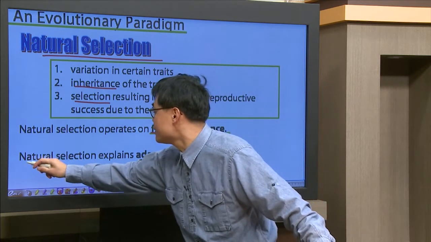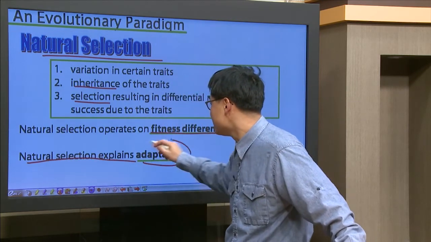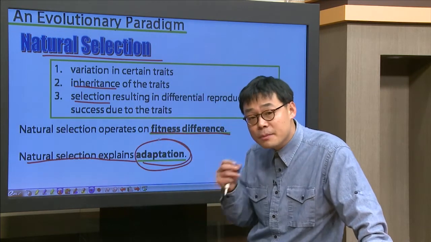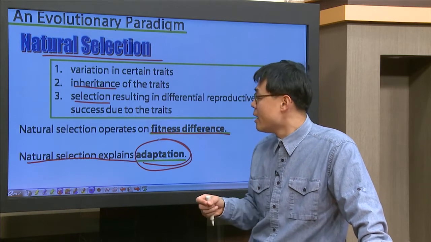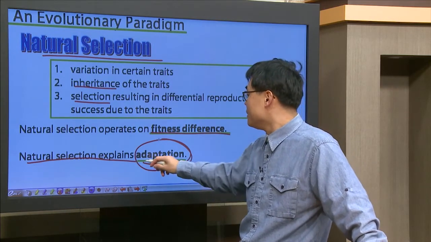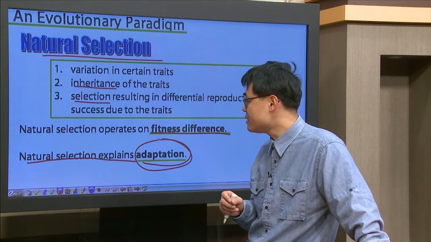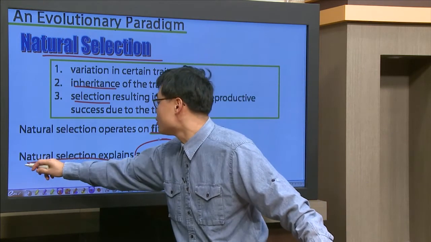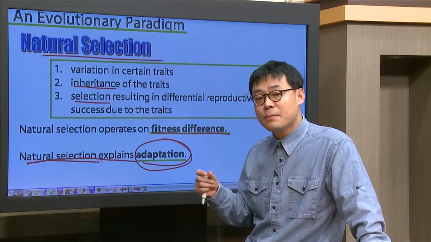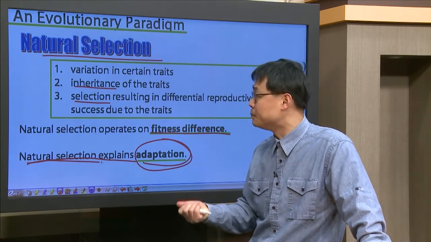And natural selection explains adaptation: if a particular behavior is an adaptation, that's because natural selection has operated on that particular trait.